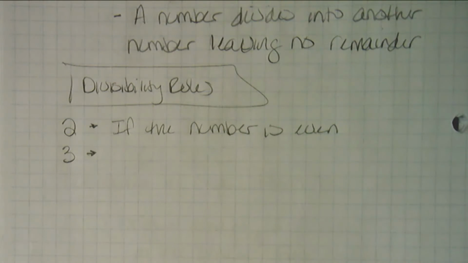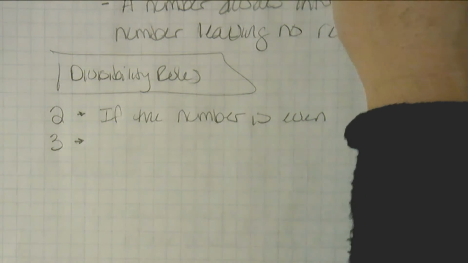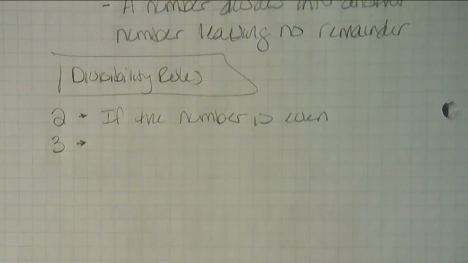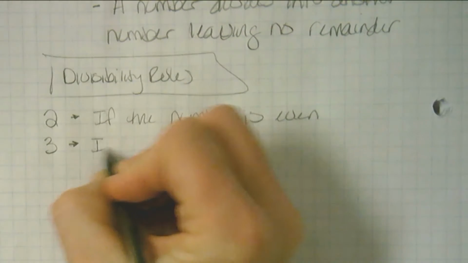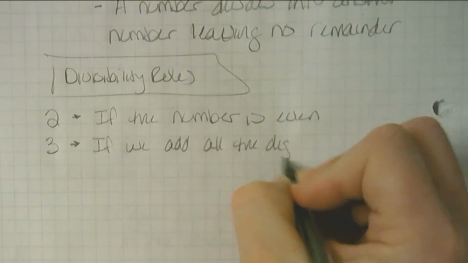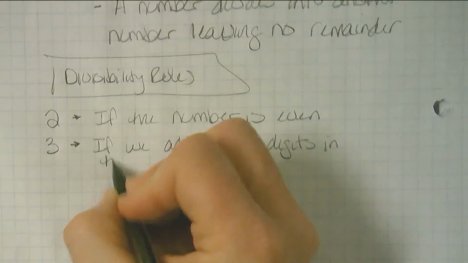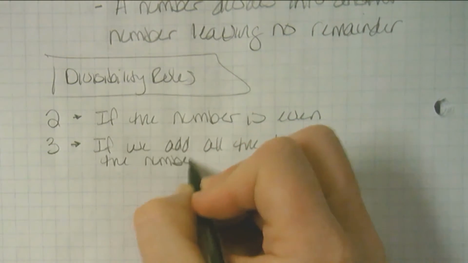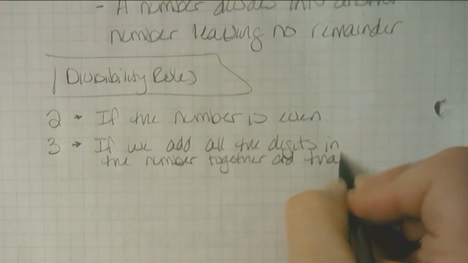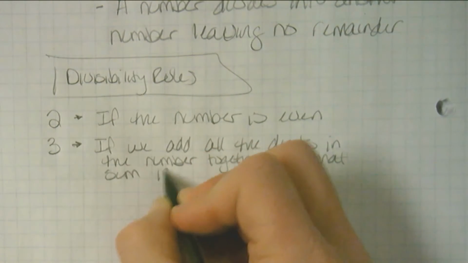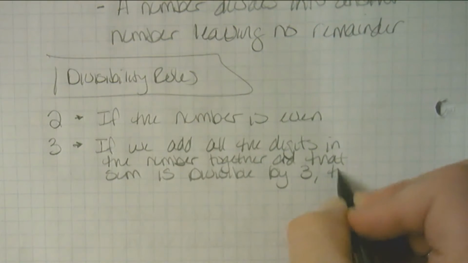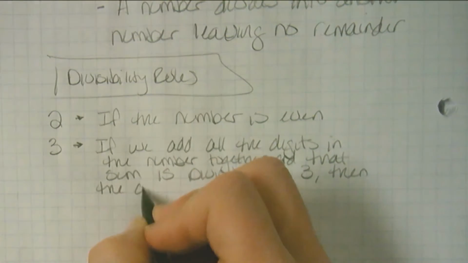Pierre? Sum. All right. Yep. So if we add all the digits in the number together, and that sum is divisible by 3, then the original number is divisible by 3.